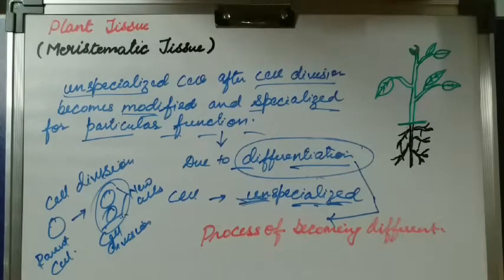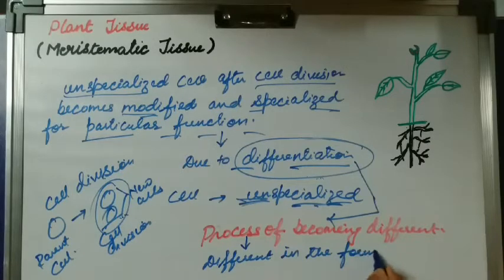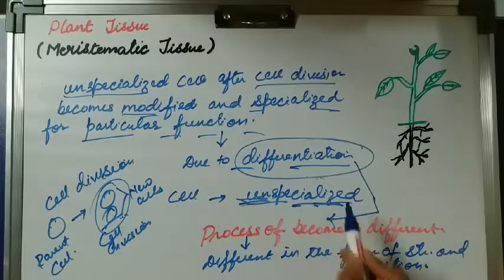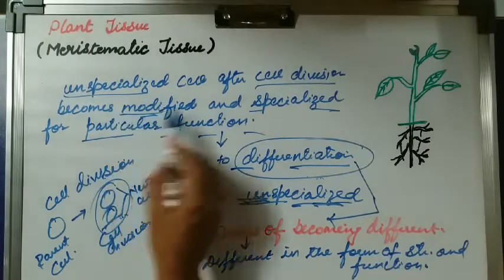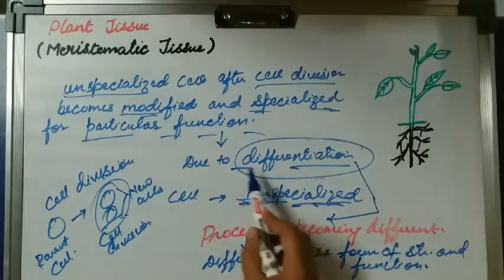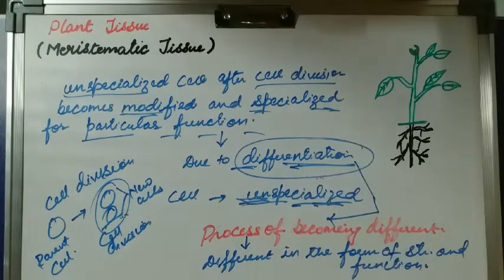How different? Different in the form of structure and function. So that unspecialized cell after cell division becomes modified and specialized for a particular function due to differentiation, and it means it becomes different in the form of structure and function.